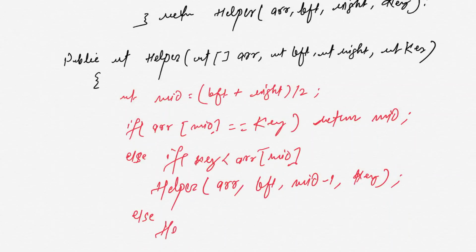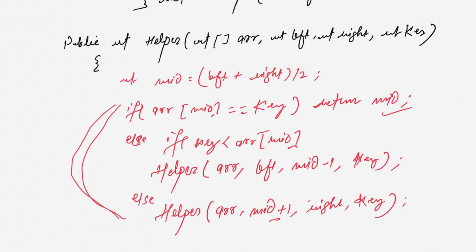Else, same helper function, we have the array, and this time left is going to be mid plus 1 and we are going to search till right, and the key.